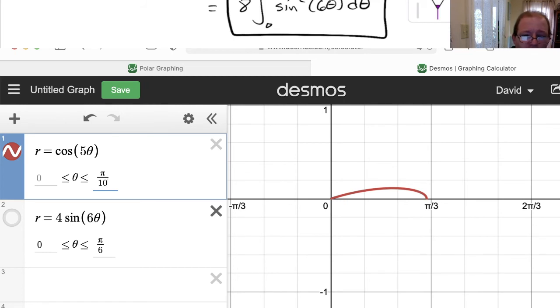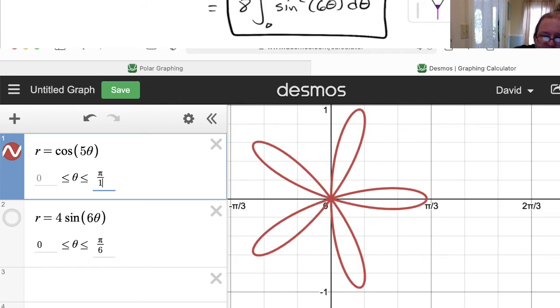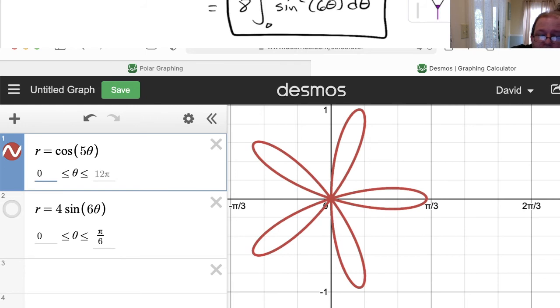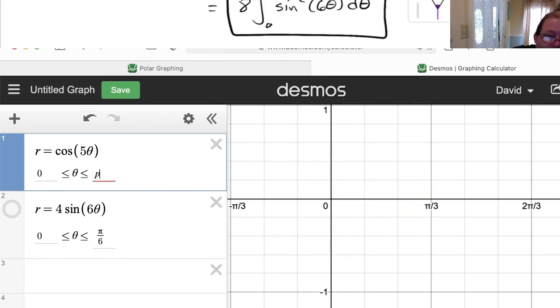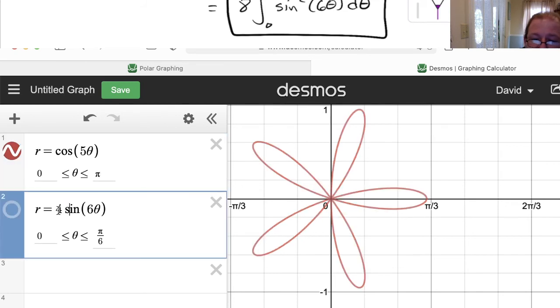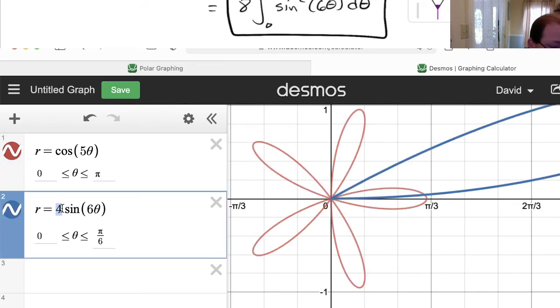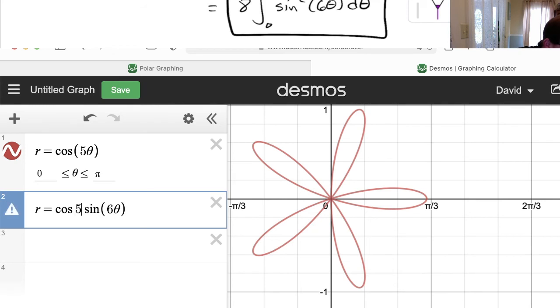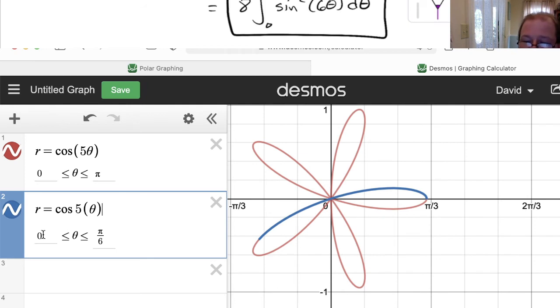So if we go from 0 to pi over 10, it gets us that part. Notice that's like an angular distance there of pi over 10.